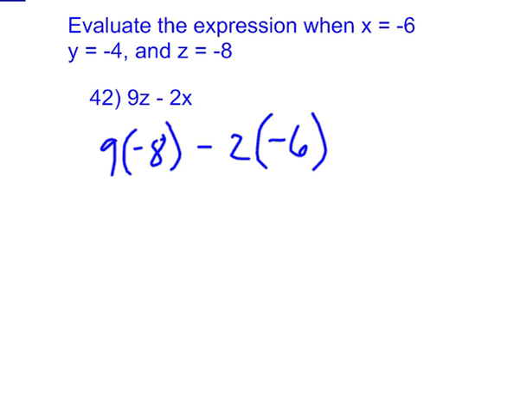Order of operations tells us that we should do multiplication from left to right. 9 times 8 is a negative 72. This minus stays there. 2 times a negative 6 is negative 12. When we add the opposite, we get a negative 72 plus 12. That gives us negative 60.